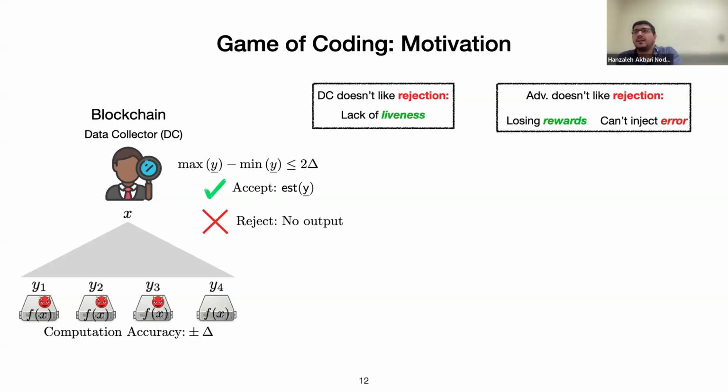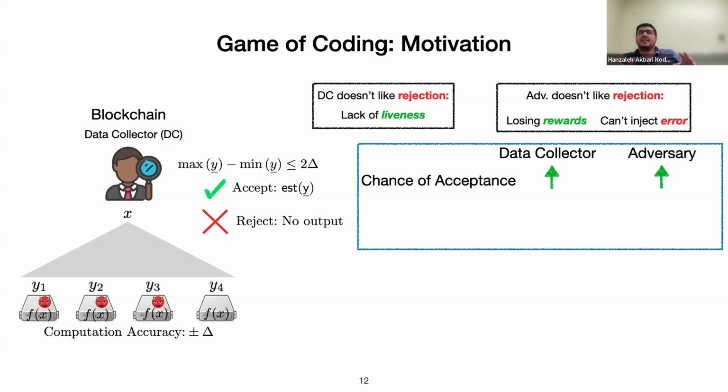So both the data collector and the adversary want to increase the chance of the acceptance of the system, or keeping the system live, while for the accuracy of the estimation or the computation, the data collector clearly wants to increase the accuracy of the estimation, while the adversary wants to decrease that. So we have two main parameters here: the chance of the acceptance of the computation and the accuracy of the estimation.